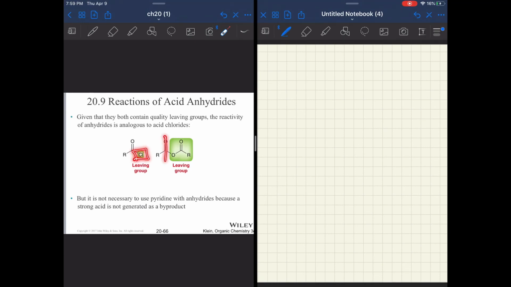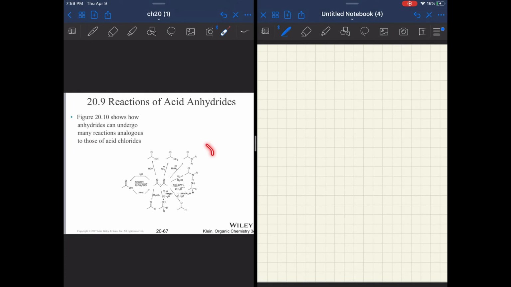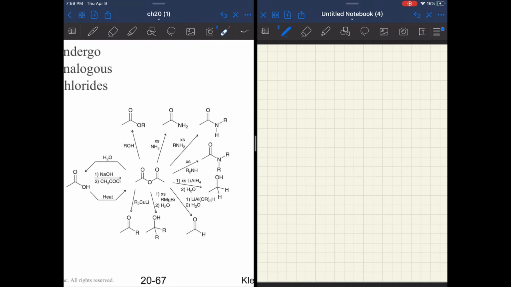Notice they are comparing the leaving groups here as well. The reason for that is because every reaction we already talked about also applies for an anhydride. I am not going to go through each and every reaction again, right? The only one being different is the prep, right? How to make the anhydride from a carboxylic acid, or you can make it from an acid halide.